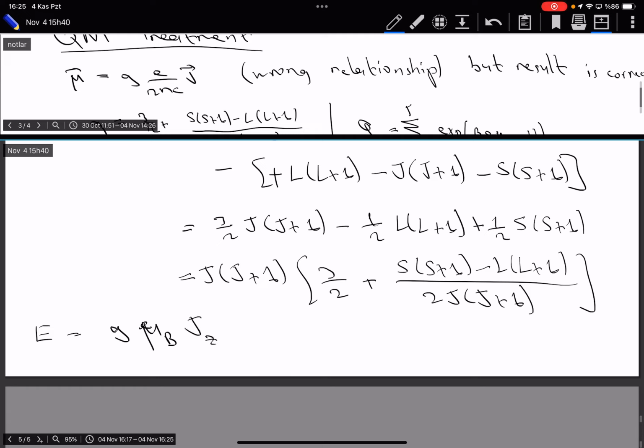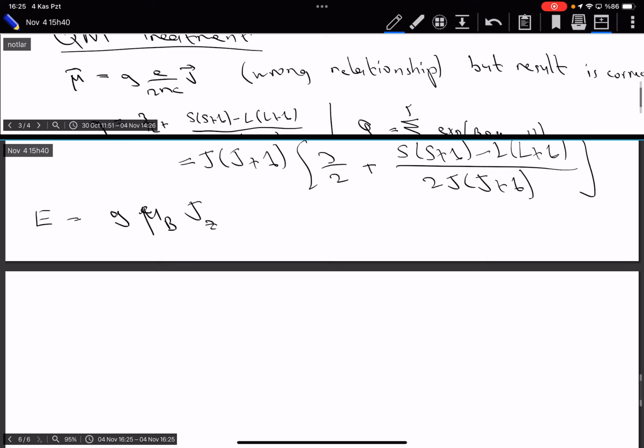This is the energy eigenvalues, and practically this is all I need. And the eigenstates will be eigenstates of J and J_z. So the single particle partition function will be the sum over M from minus J to J of e to the power minus g μ_B B times M. Let me call that M.